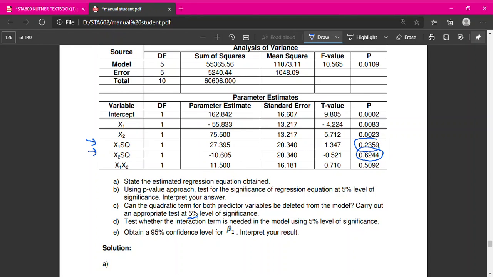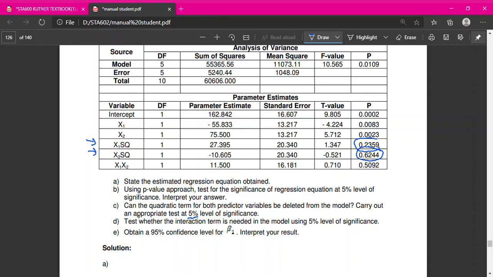So, kalau more than 0.05, so means that we fail to reject H0. So, the conclusion is x1 square and x2 square, kena buat satu-satu lah, kena buat separately. x1 square and x2 square seems that it's not significant, right? So, it can be deleted from the model.